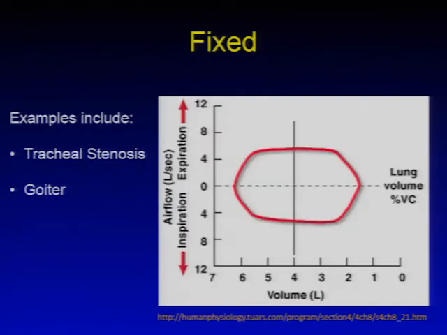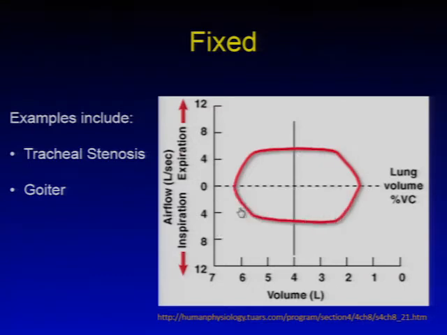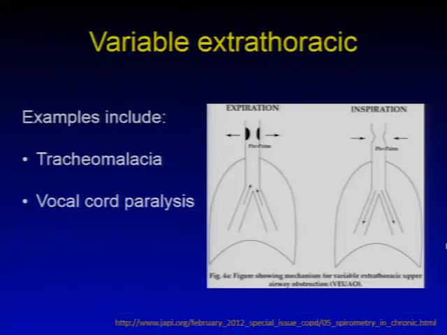So here is a picture of a fixed airway obstruction. This example includes tracheal stenosis and a goiter that does not vary at all with regard to positioning. And you see here within the picture there is limitation to the expiration, and there's also limitation to the inspiration. And I apologize for the link coming up on the screen at that point.